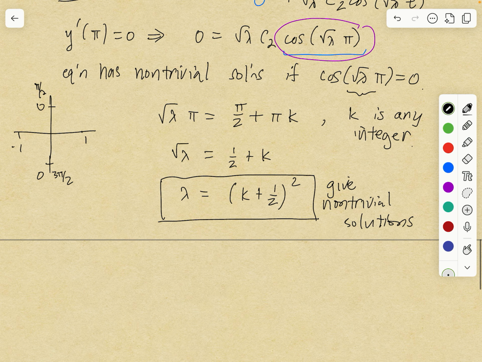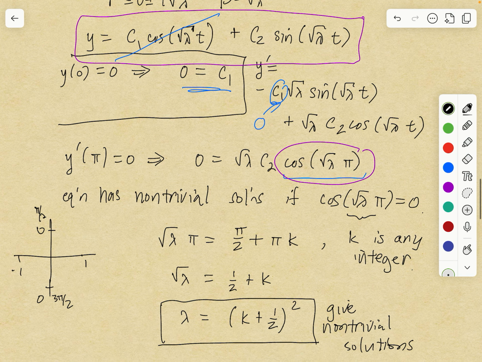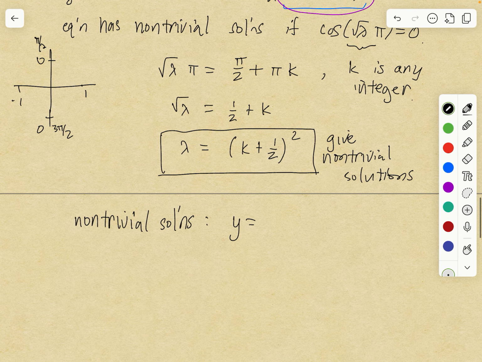So these lambdas will give you non-trivial solutions, and the non-trivial solutions are y equals C2 sine of root lambda t. Well, we only have one constant, so let's just write that as C sine of root lambda t, where C is not 0.